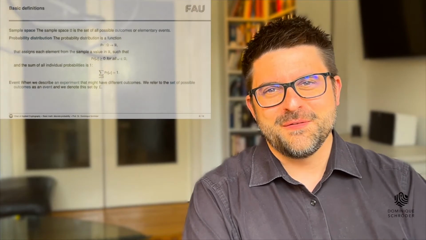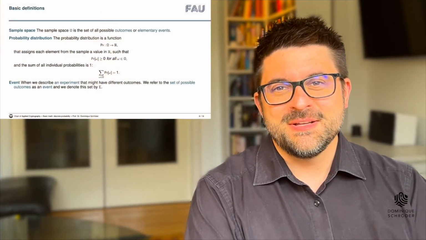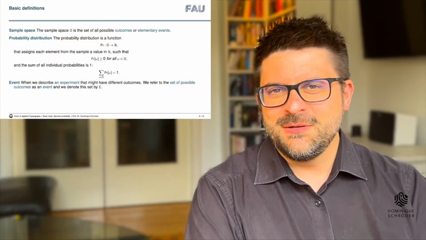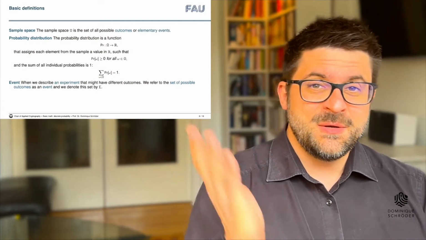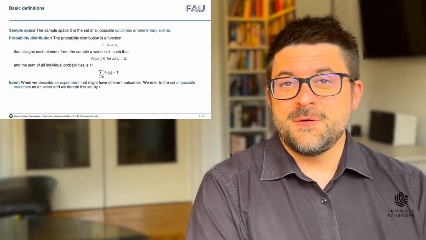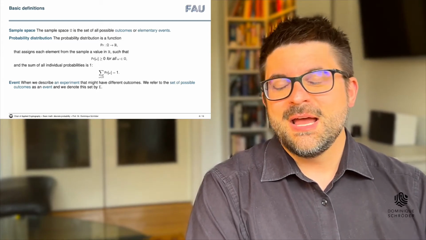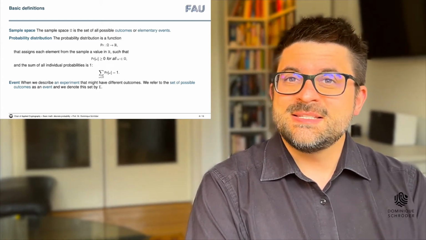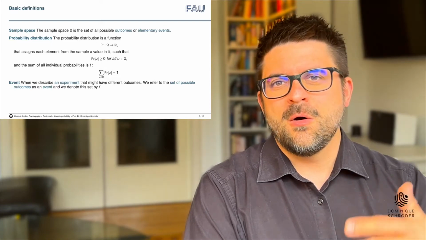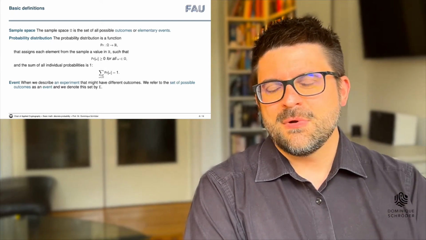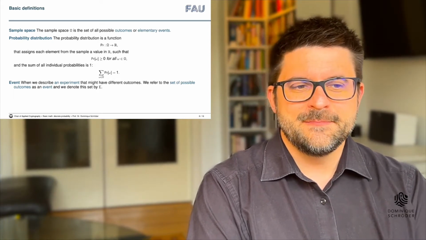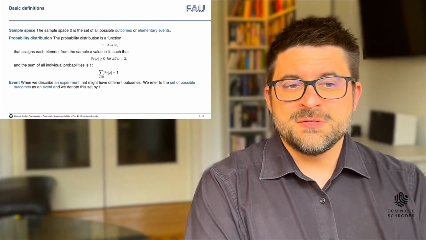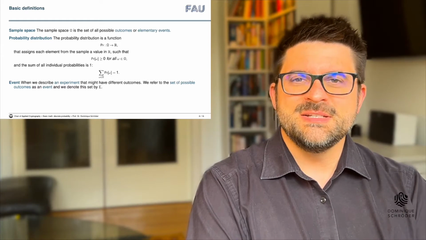Now that I hopefully convinced you that probability theory is definitely needed, let's take a look at how to formalize it. Well, we start with a basic definition, as you can see here. First of all, the sample space omega, as we discussed before, is the set of all possible outcomes or elementary events. Right, like in the case of heads and tail, this was h and t. And then, on top of this, we will define a probability distribution.